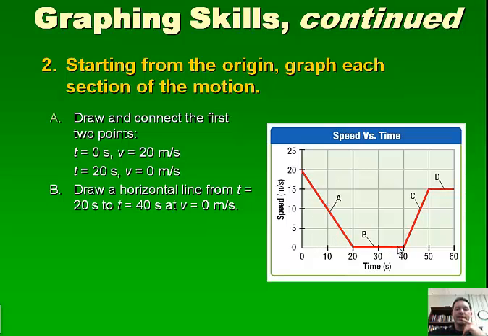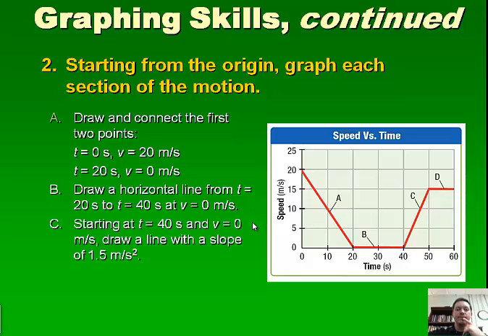So we go from 20 seconds to 40 seconds. And then at 40 seconds and speed 0, so at the bottom point here, we're going to draw a line with a slope of 1.5 meters per second squared. So that indicates our acceleration, this 1.5 meters per second squared acceleration.